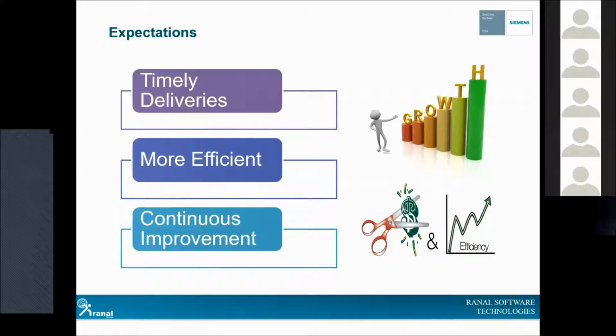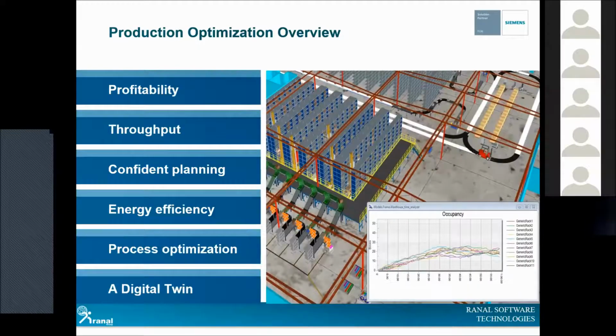Now, with this in mind, let us look at what we can do to achieve this from the perspective of production optimization. Production optimization helps you to get more from your existing plants. As we all know, just because there is an increased demand coming, it is not possible for us to increase the capacity through additional assets or by adding more operators.